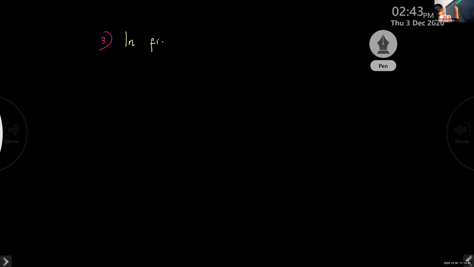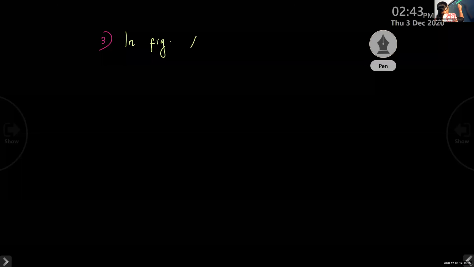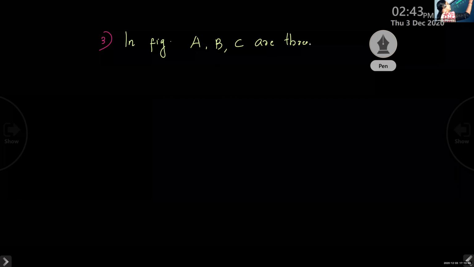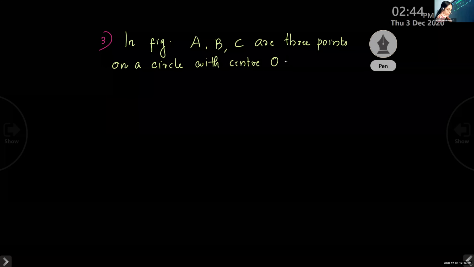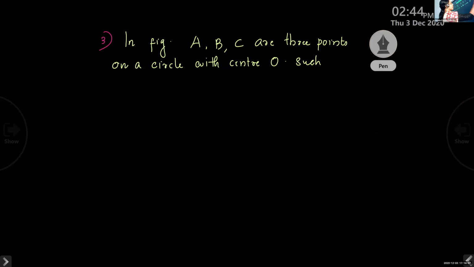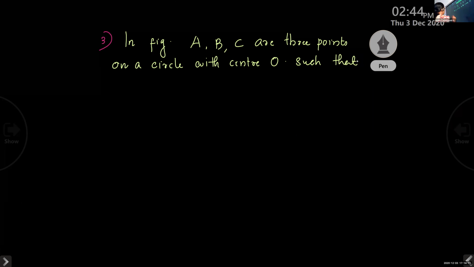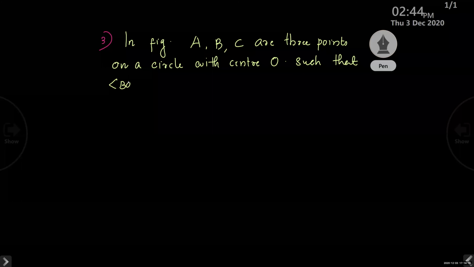In the figure, A, B, C are 3 points on a circle with center O, such that angle BOC equal to 30 degree and angle AOB equal to 60 degree.